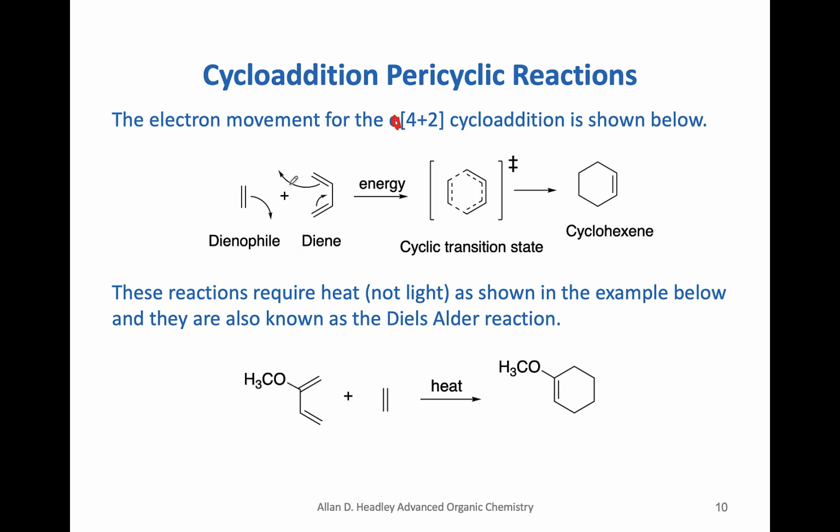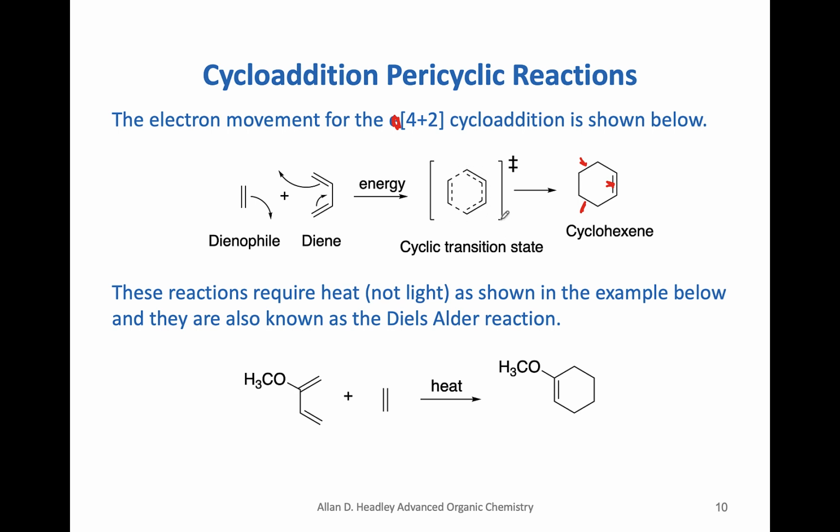These electrons should flow out to form a bond here. These electrons flow in to form a bond here. And these electrons flow here to form a pi bond right here. So we have a cyclohexene. As I pointed out earlier, there are no intermediates. There's just one transition state, and it's cyclic.